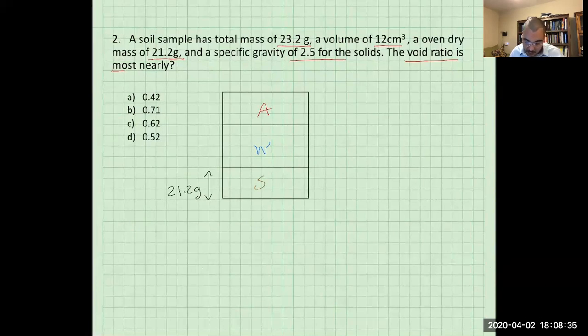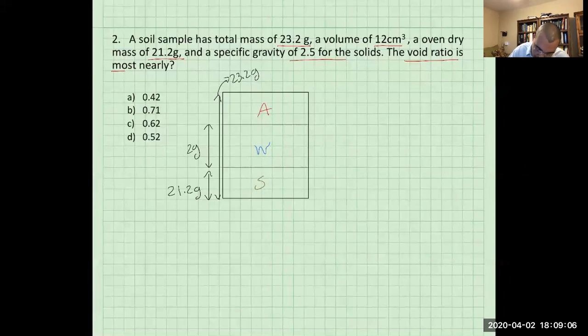The sample has a total mass of 23.2. So that's the total mass, this 23.2 grams. The mass of water is simply 23.2 minus 21.2, which is 2 grams.